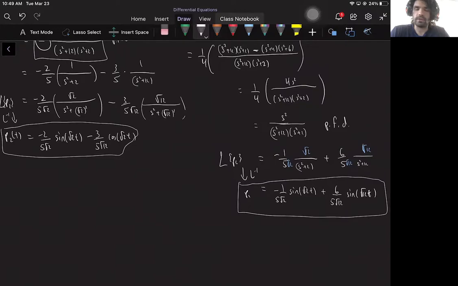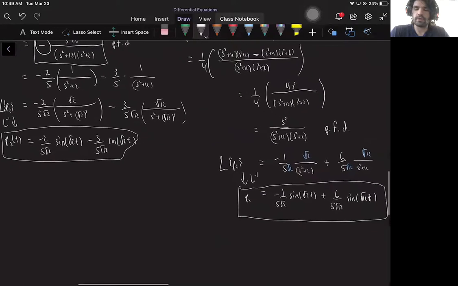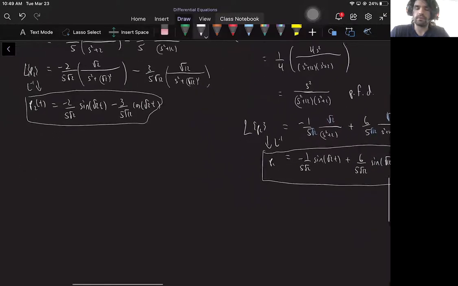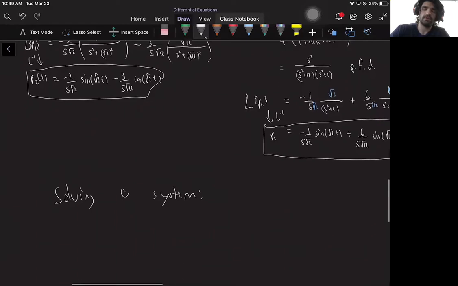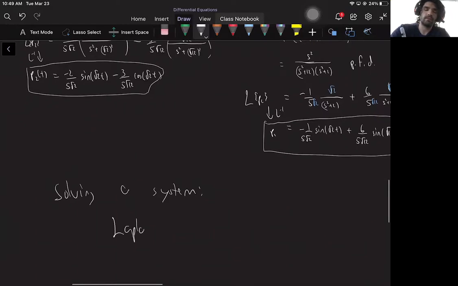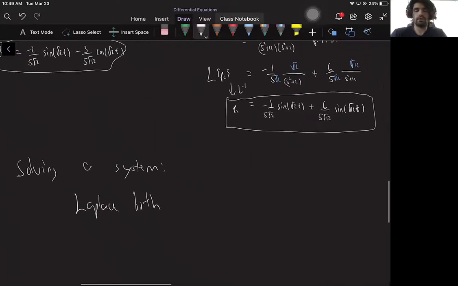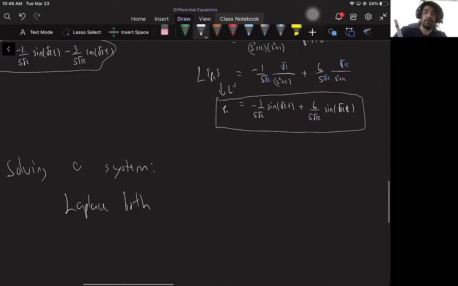Okay, but in any case, what you should focus on right now is the process for solving a system, which is you just Laplace both. Of course, this could go on to a system of 3 equations if you wanted to. We're just going to stick with 2. So you Laplace both. Then you solve for L of one of them.